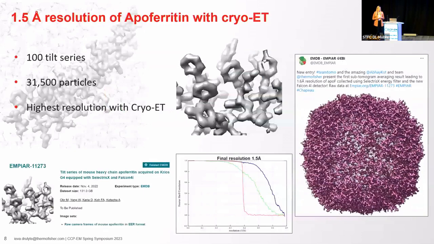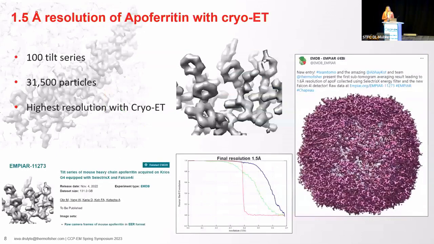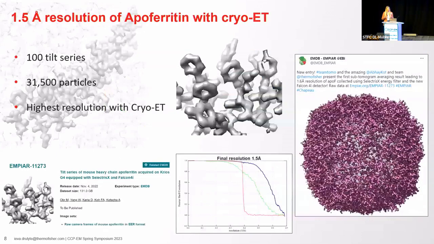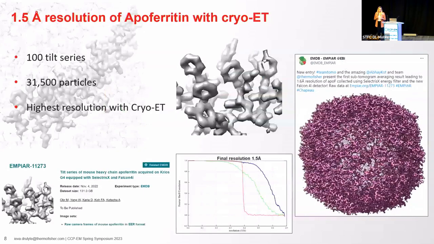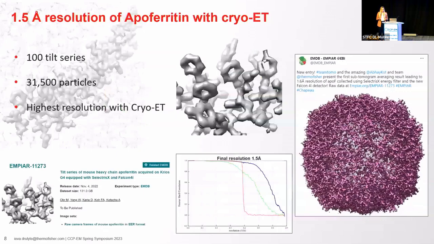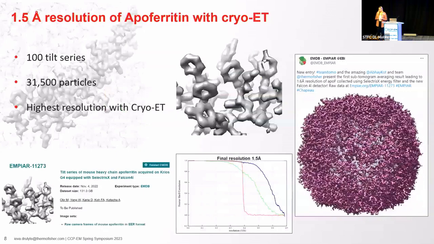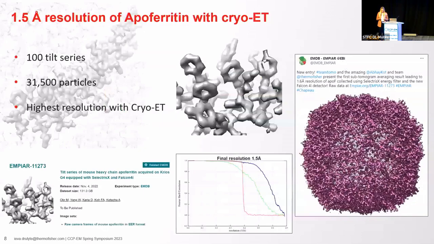Of course, this is not new in biology terms, but I think it does speak to the maturity of both cryo-ET data collection and subtomogram averaging workflows, that when sample is not limited, it allows you to go to this high resolution.